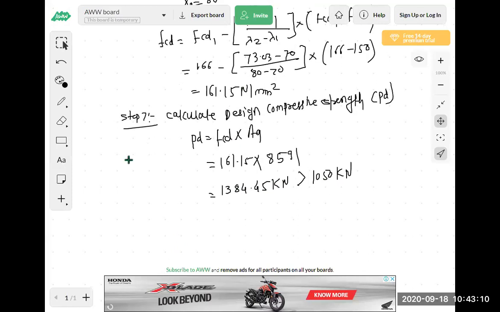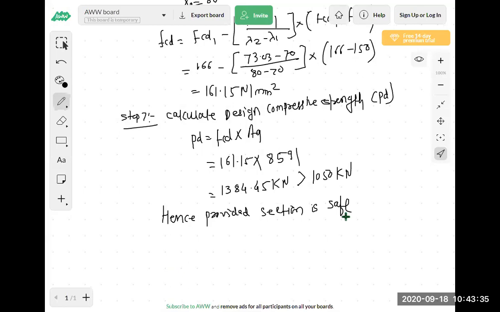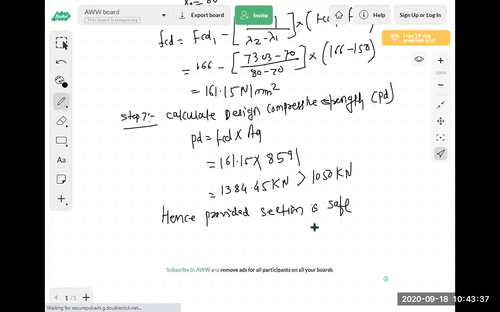Hence our section is safe. Hence the provided section is safe.